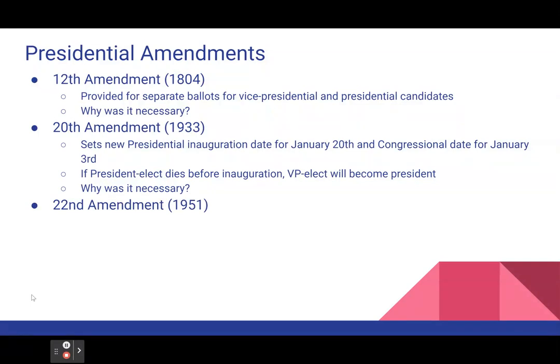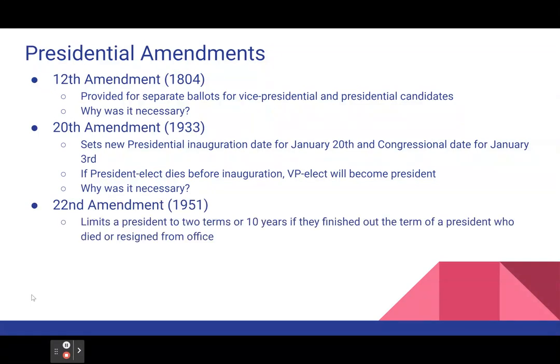Now, this amendment is the amendment that limits a president to 2 terms, or 10 years if they finish out the term of a president who died or resigned from office.